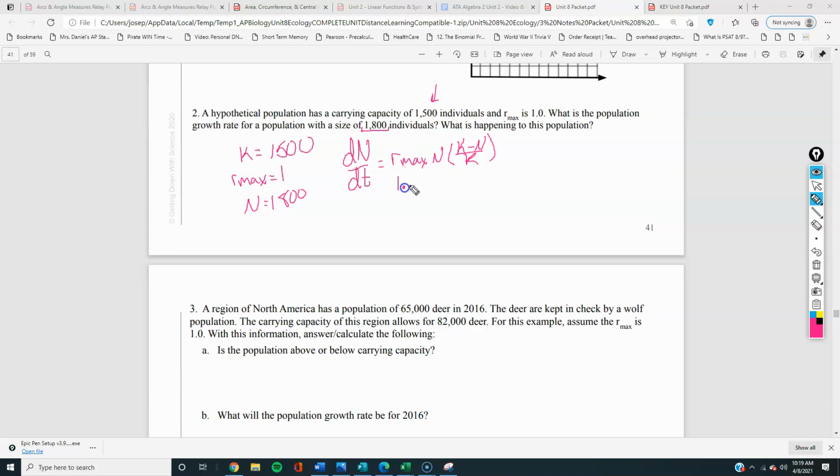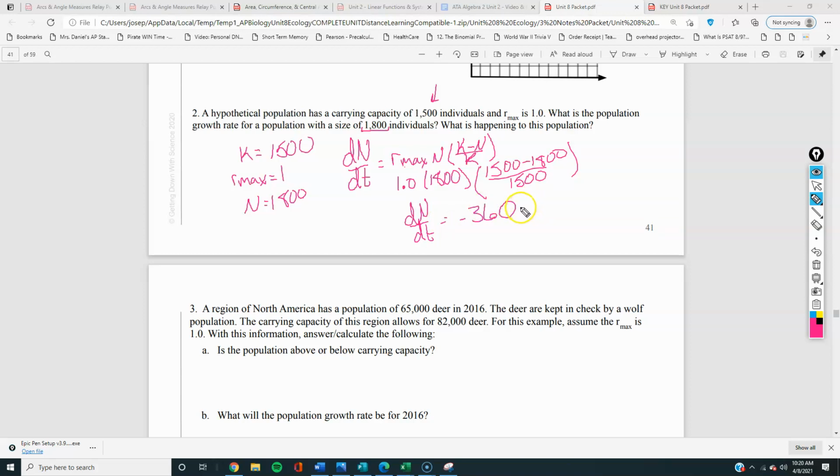So now plug in stuff. My R max is 1.0. My N is 1,800. I do 1,500 minus 1,800 over my 1,500. I'm just plugging in my formula here. And when I plug this in, I get my dN over dt is negative 360.